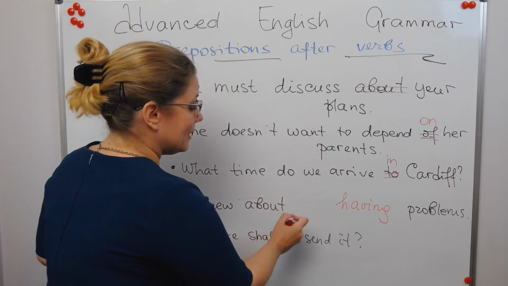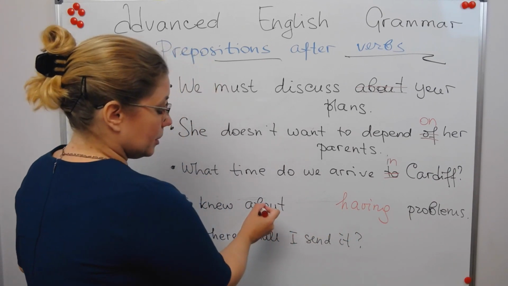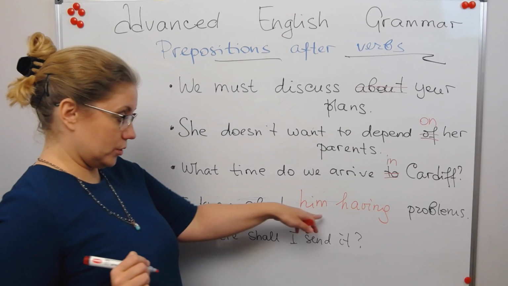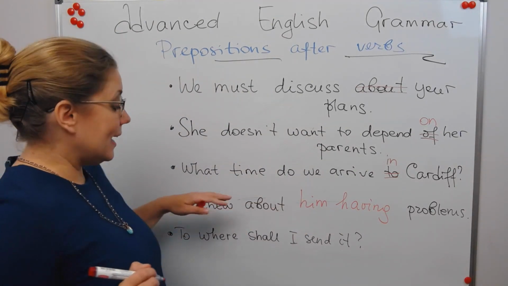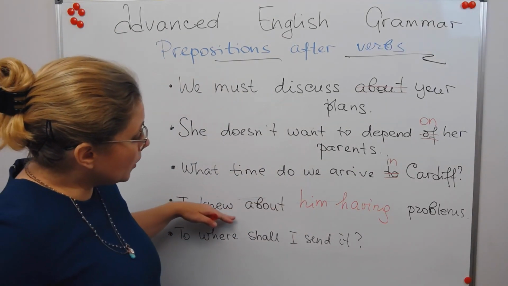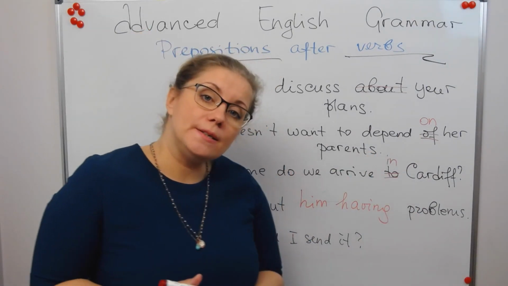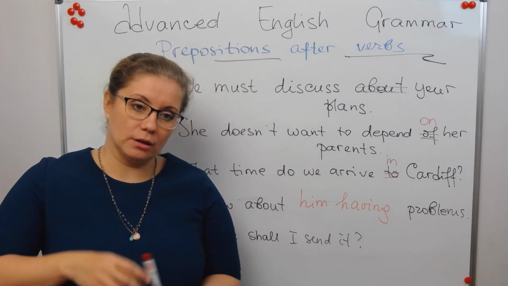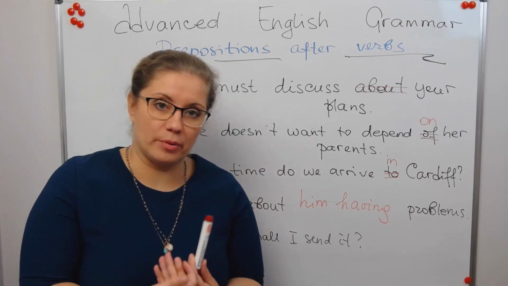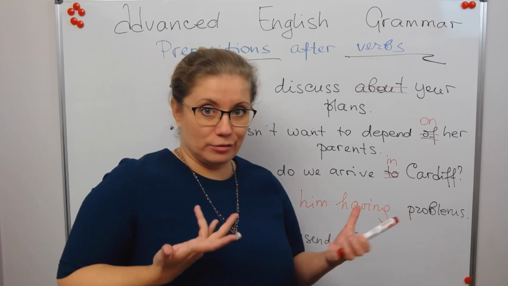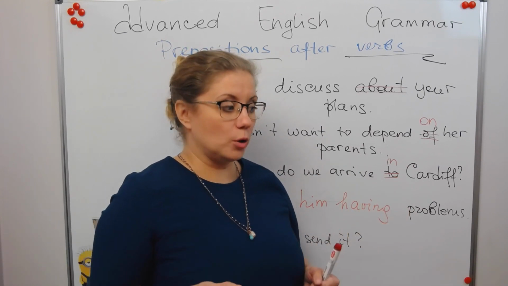So I will add it into the pattern as an object because it's used after the preposition. And to get the sentence, I knew about him having problems. This is how you connect a new idea with the preposition. We could say that this is some kind of the verb patterns. This is how they work.